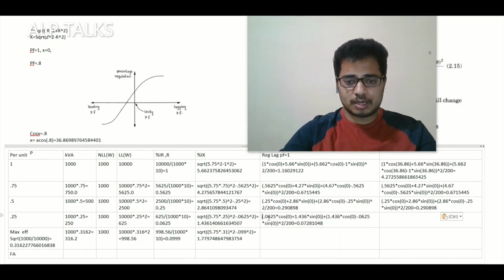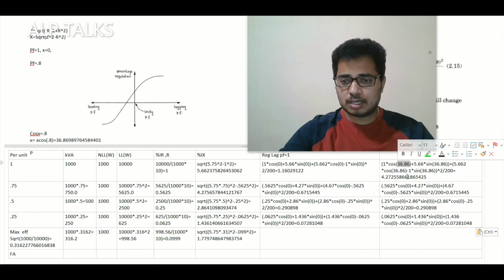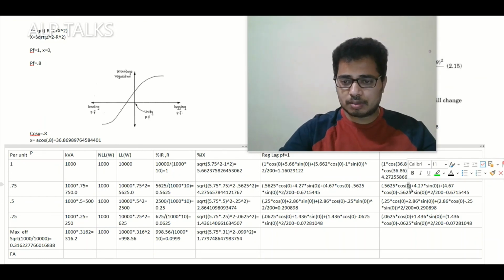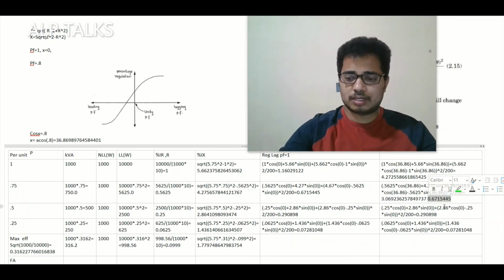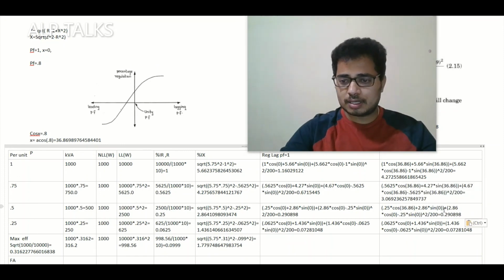These things you can calculate manually also on paper with pen. So 36.86, instead of 0 I'm going to replace with 36.86. So if you do that, 3.06% is the regulation now with the 0.8 power factor.